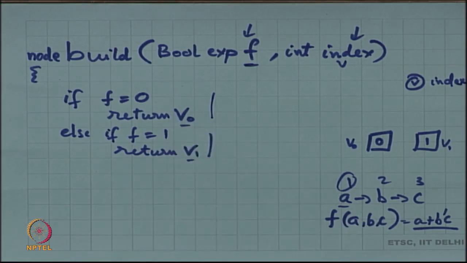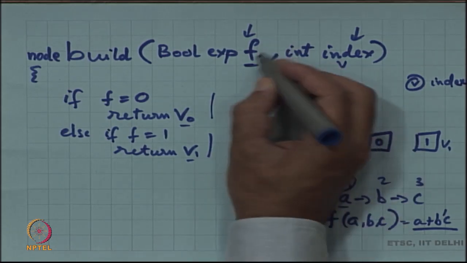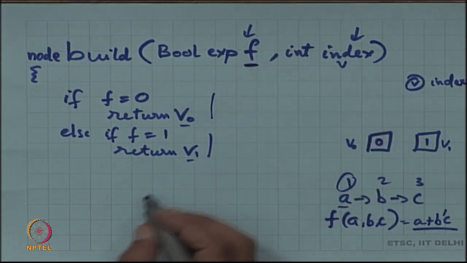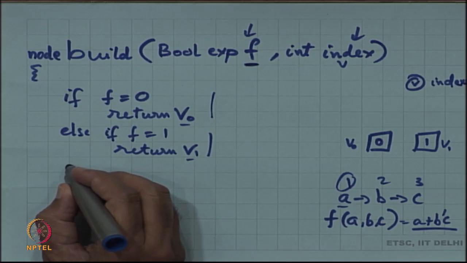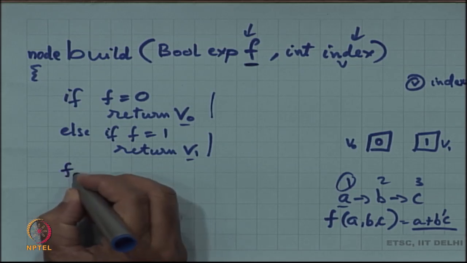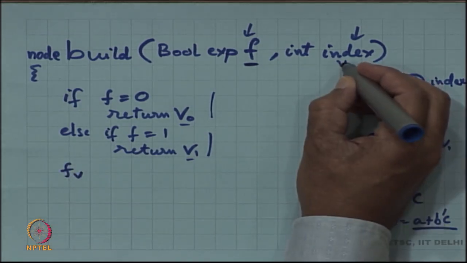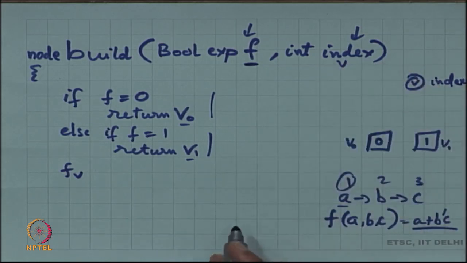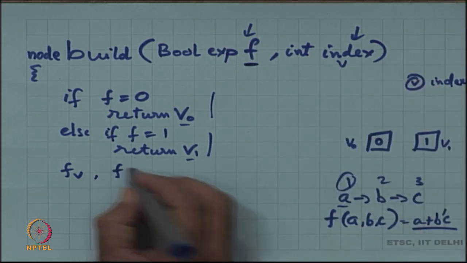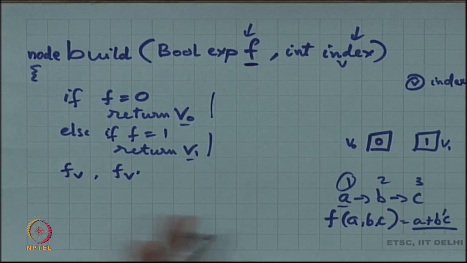If it is not one of them, then it is an intermediate node, and what I could do is, this is a Boolean expression. I can determine f v, the index is also given, so I know which variable. I can compute f v and f v prime in terms of whatever tool I have.